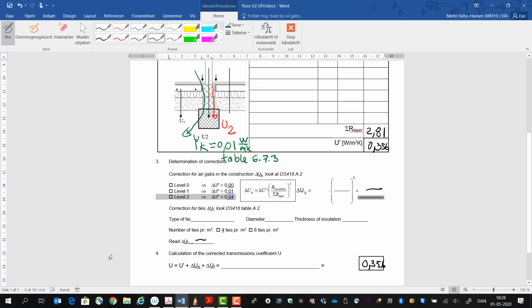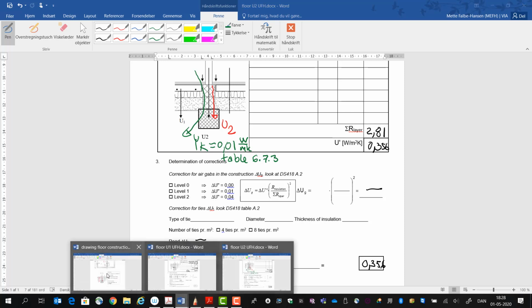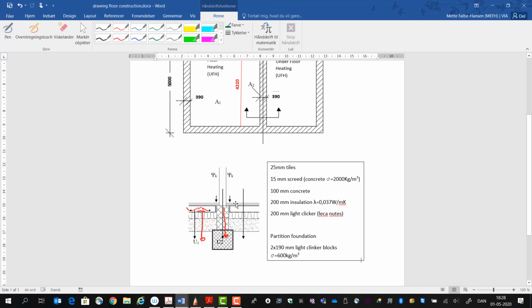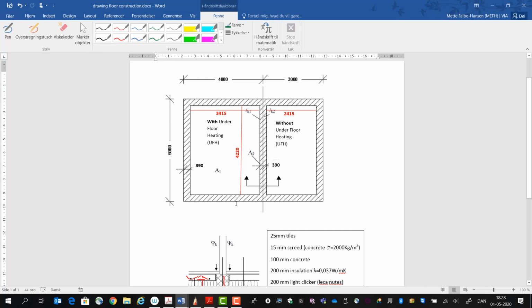And the areas we can find when we go back to this part here and we look here, up here. So we have A1. That's main construction.